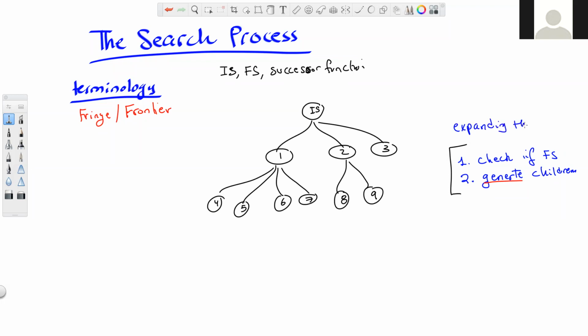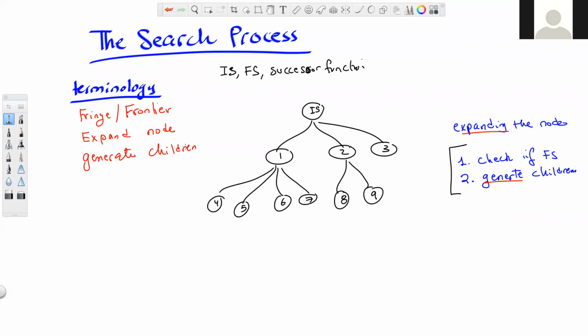Expanding the node. Okay, so let me highlight this. And if we want to go by what we did here, expand node versus generate children. These are important distinctions, and I'll tell you why in just a second. But let's just go ahead and do this one more step while using our terminology.